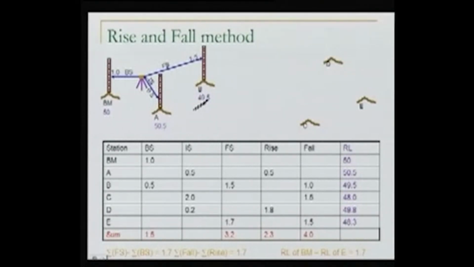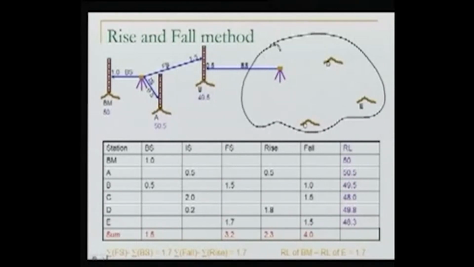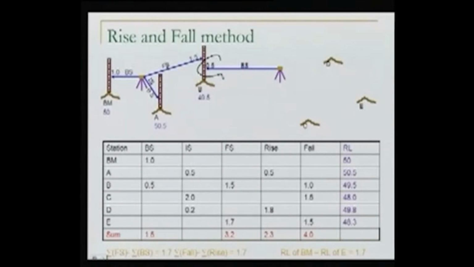Next, we change our instrument. We take it here. We take a backsight, because in order to know the RLs of these areas, I need to connect my survey with the previous survey. Now the backsight is 0.5, I write it here. Next, I take my staff to C and take the intermediate sight here.